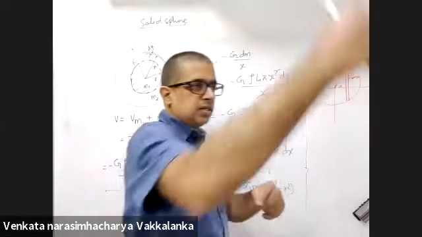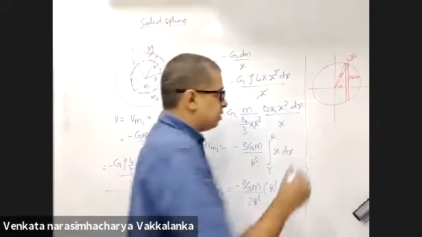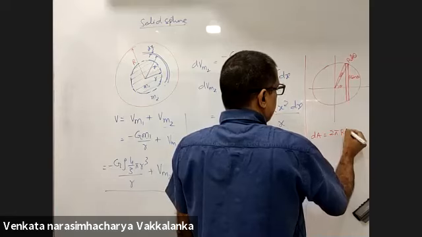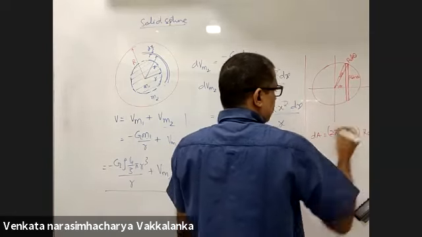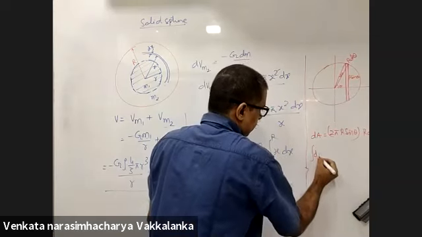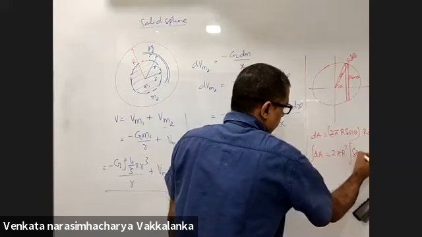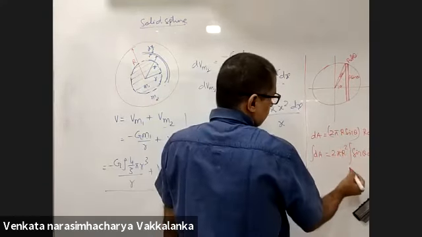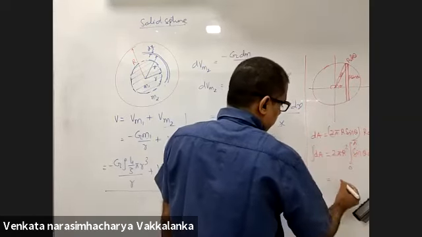So what will be the surface area of the ring? Cut it and make it straight, length into breadth. Surface area will be 2 pi r sin theta is the length. Breadth is r d theta. Integral dA is 2 pi r square integral sin theta d theta. Least value of theta is 0. Maximum value of theta is pi.